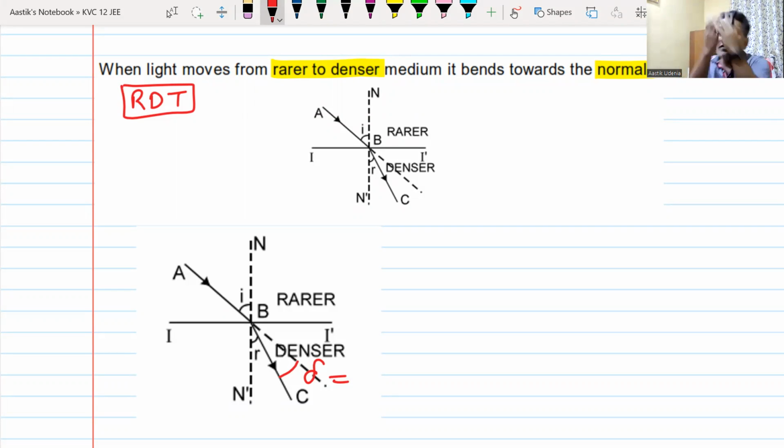Open your eyes and tell me. It is i minus r. But here, my dear friends, i is more than r. That is why it is i minus r. In the previous case, r was more than i. Therefore, it was r minus i. Do we understand this?